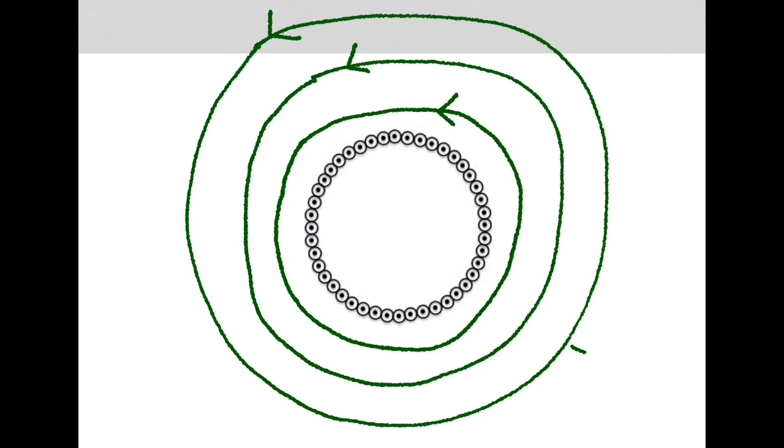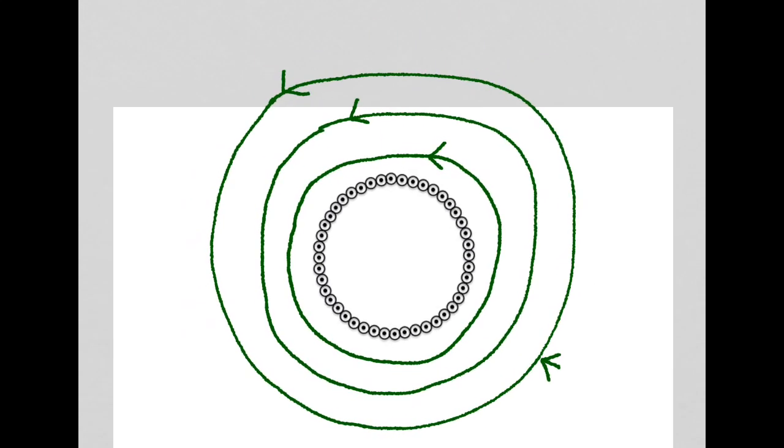So the form of these will be h sub phi in the phi direction, and the magnetic field intensity will not depend on phi because of the cylindrical symmetry, and also it won't depend on z because we're assuming the cylinder is of infinite extent in the z direction. So the only variable it can depend on is rho.